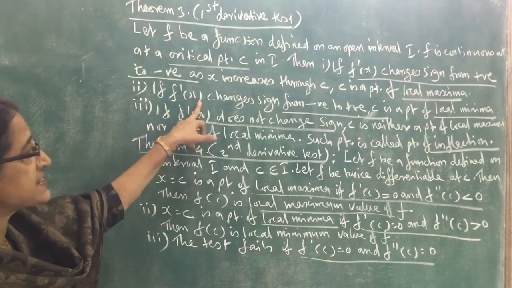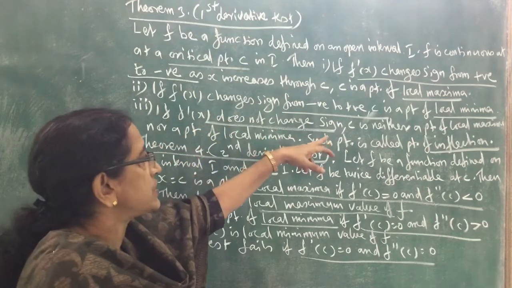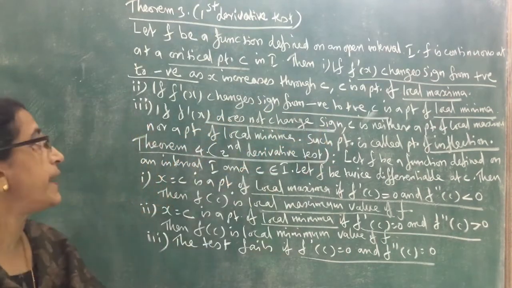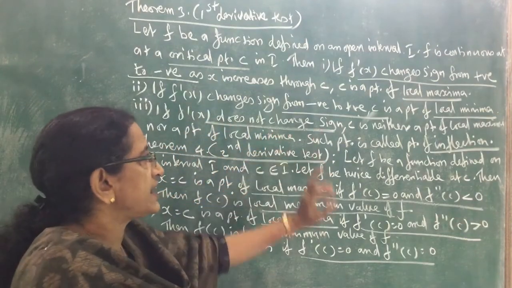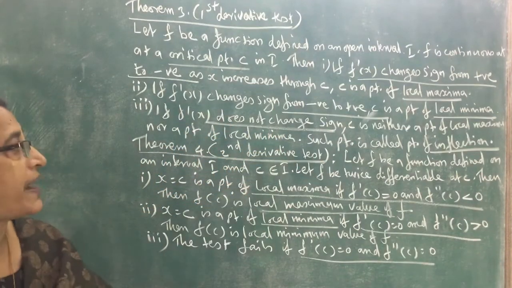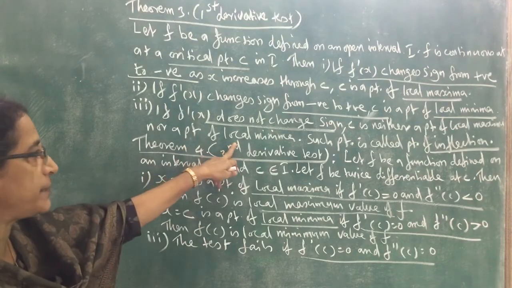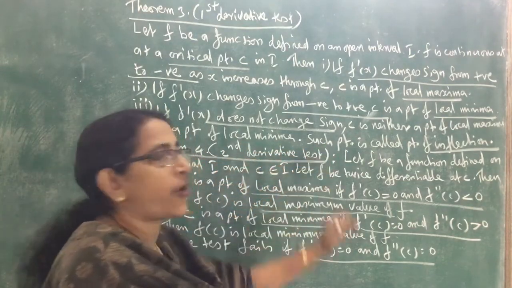If f dash x changes sign from negative to positive, c is a point of local minimum. And if f dash x does not change sign, then c is neither a point of local maxima nor a point of local minima. Such a point is called a point of inflection.